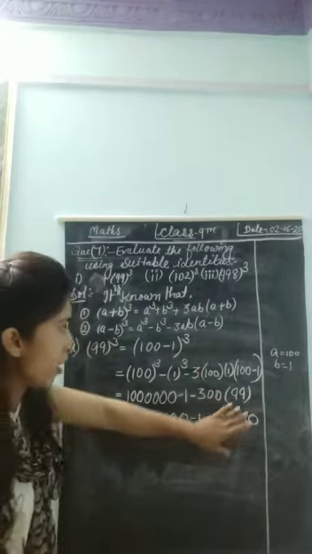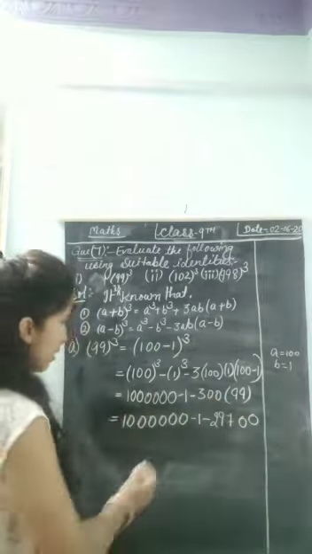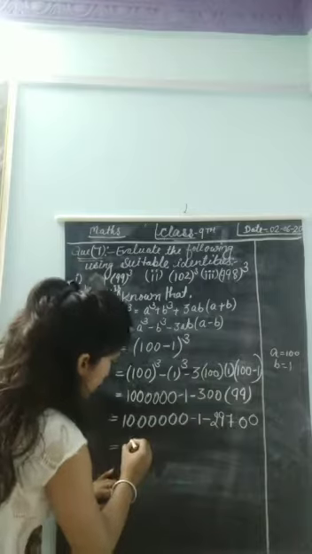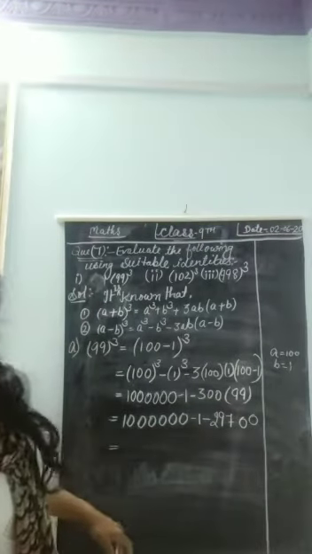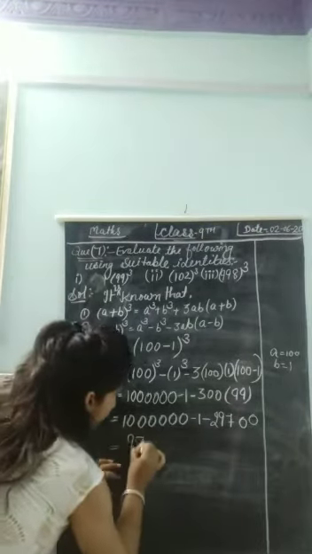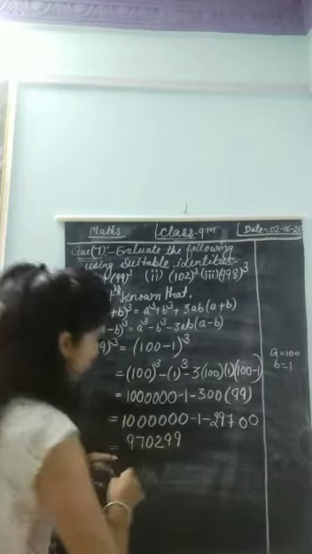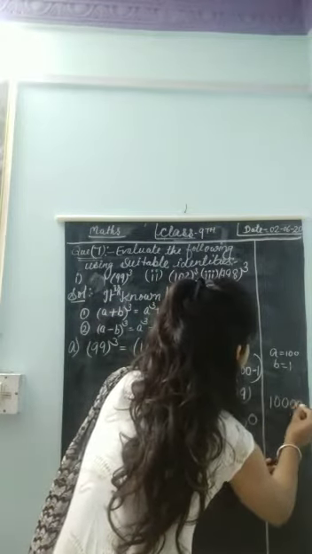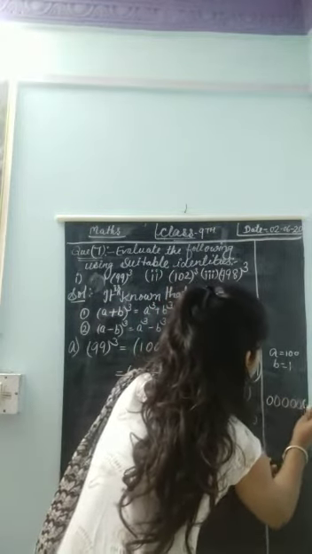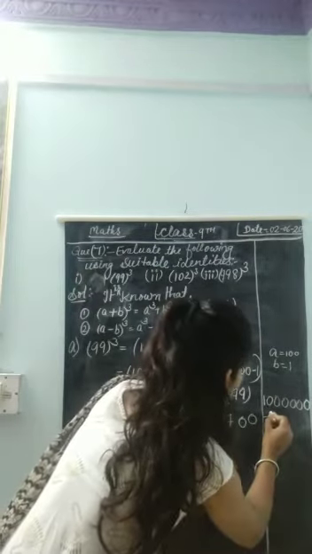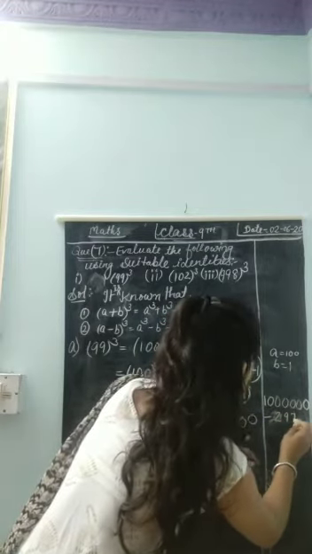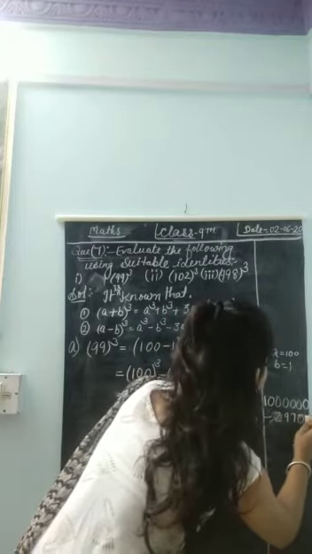You can just multiply, then solve this and you will get the answer, or you can subtract it: minus 29,700, and 1.